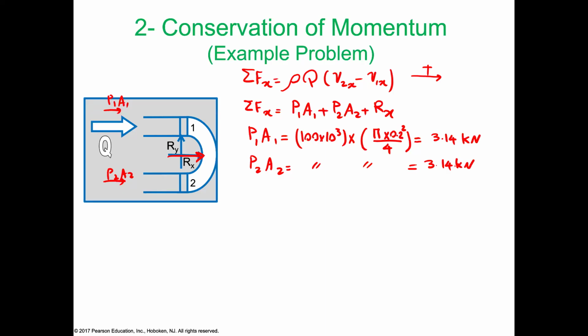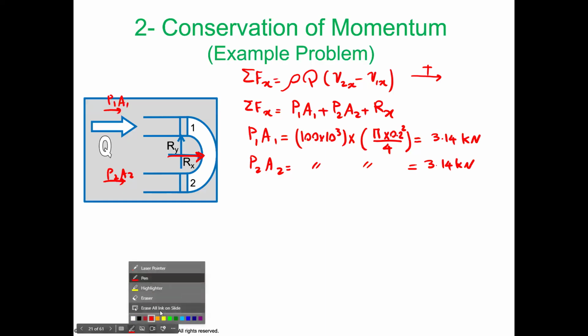Back to the equation, look at that. I have this guy. I have this guy, rho. I know about water, but I don't have these ones. So I need to find them to be able to find Rx, because the purpose is to find Rx.